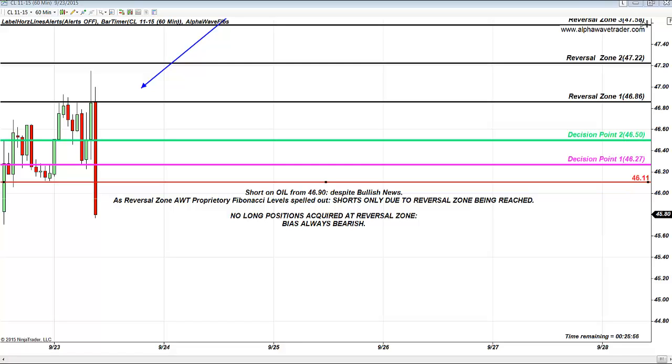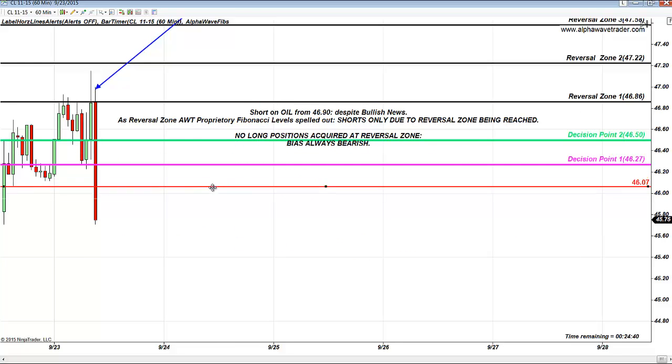Oil is down more than 100 ticks. Ladies and gentlemen, oil is crushing Fibonacci levels in front of you. And that's the magic of the price. Adjust your trail closer, as close as possible.